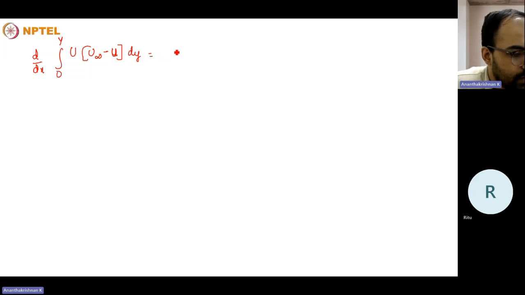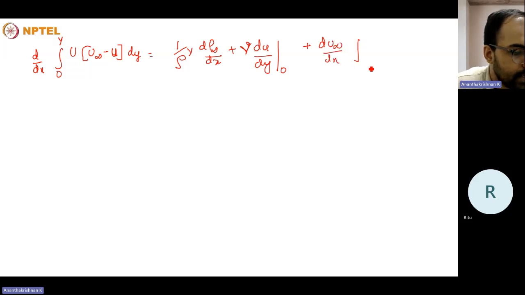So the general form of momentum equation will be d by dx of integral 0 to y u into (u infinity minus u) dy is equal to 1 by rho into y dp infinity by dx plus kinematic viscosity into du by dy at 0 plus du infinity divided by dx integral 0 to y u dy.